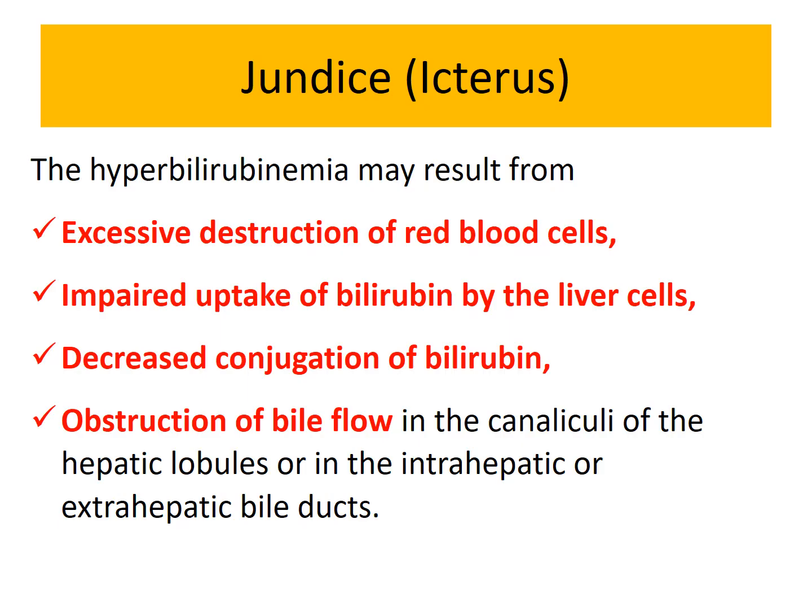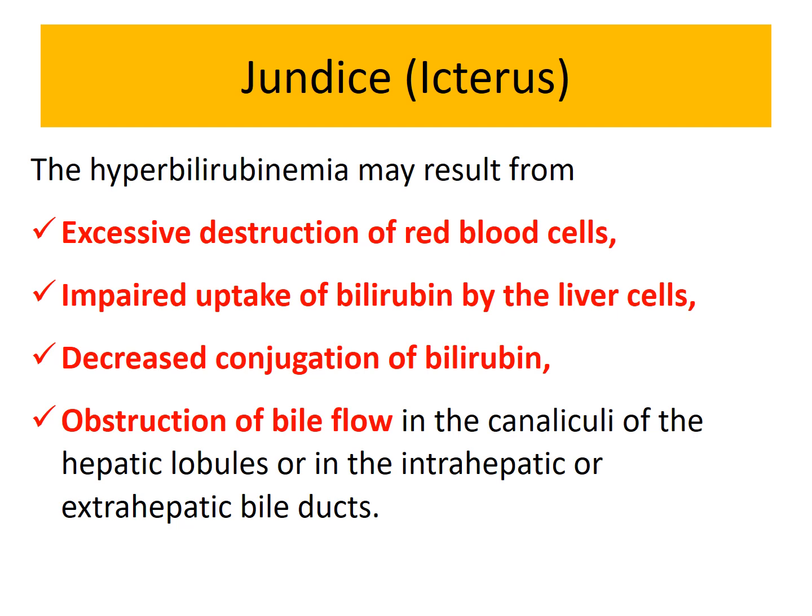And we can conclude that hyperbilirubinemia may result from excessive destruction of red blood cells, and it represents a prehepatic cause, or impaired uptake of bilirubin by liver cells, or decreased conjugation of bilirubin, and they represent hepatic causes.